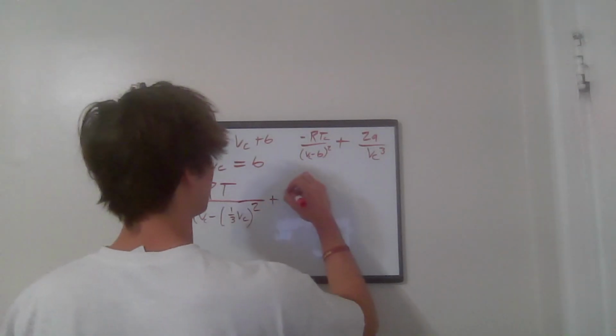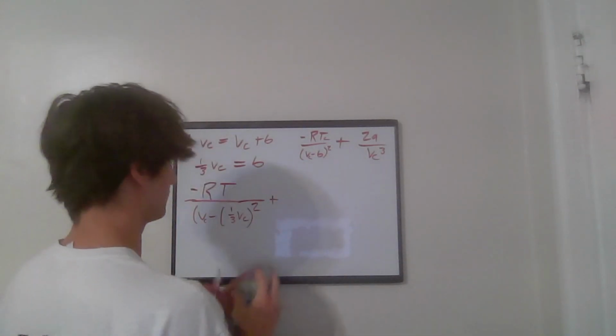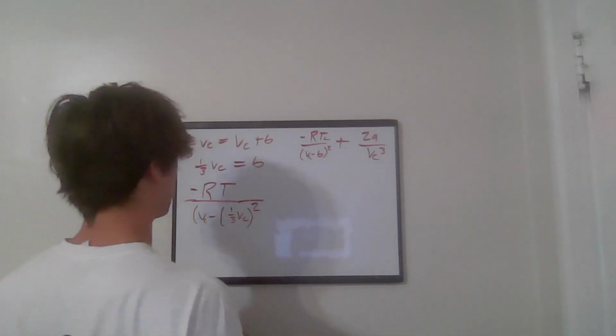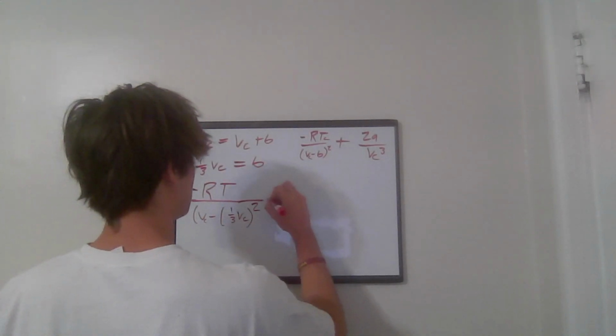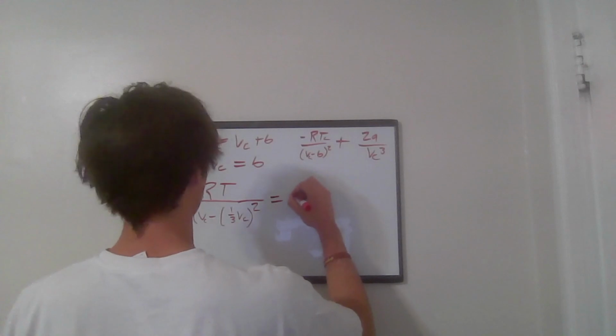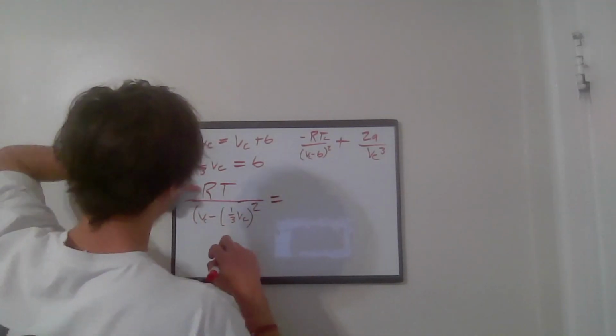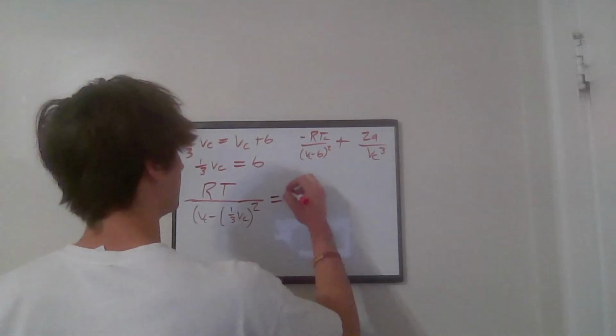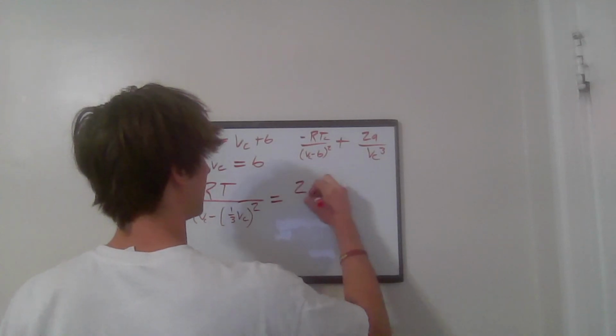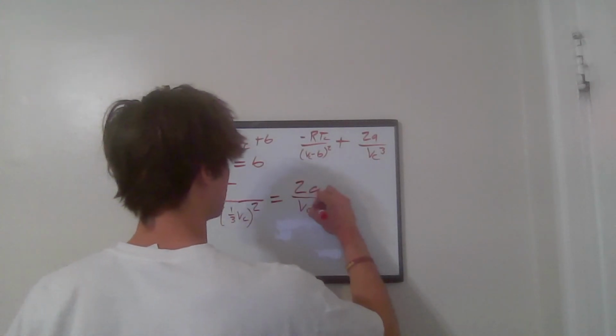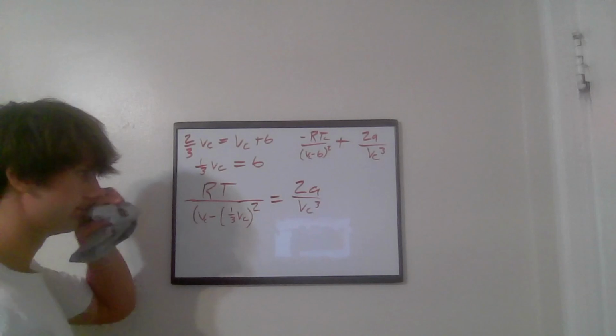Plus, or you could say equal to, so you subtract to the other side, if we erase this negative, we can make this positive, equal to our positive 2A over VC cubed.